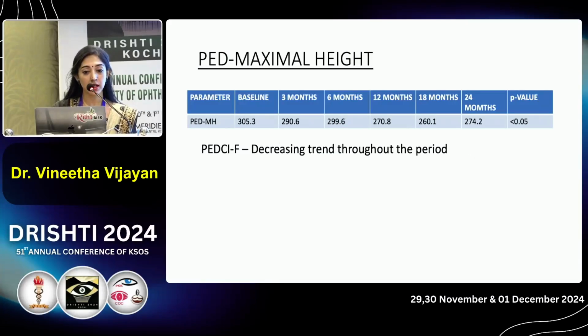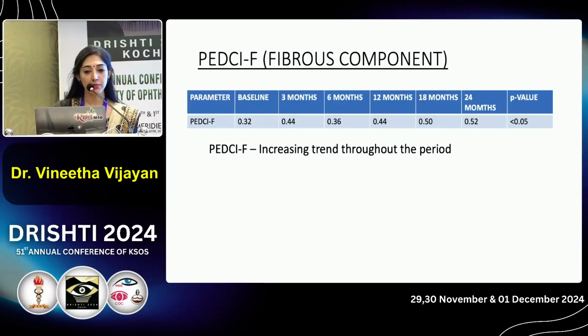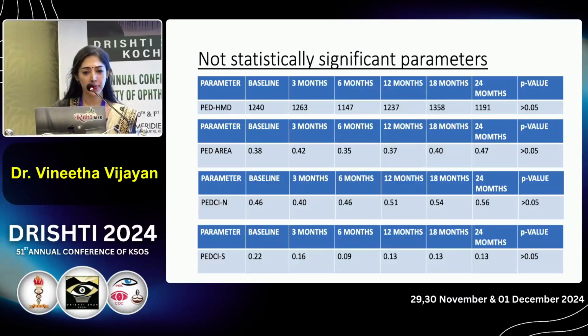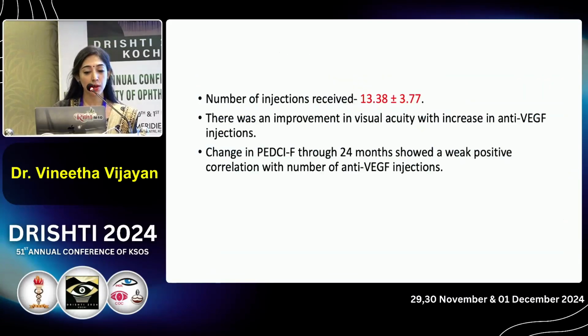The PED maximal height had a decreasing trend throughout the period, which was statistically significant. The PET-C fibrous component had an increasing trend throughout the period. The non-significant parameters were the PED horizontal maximum diameter, area, the neovascular component, and the serous component. The total number of injections was 13.38.